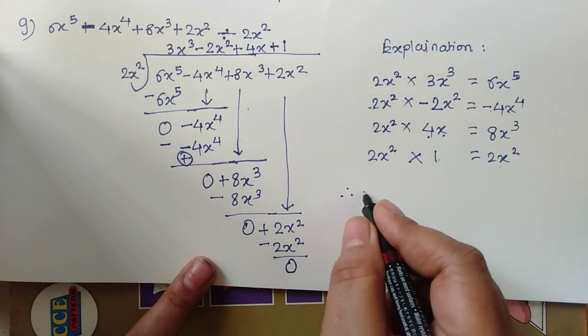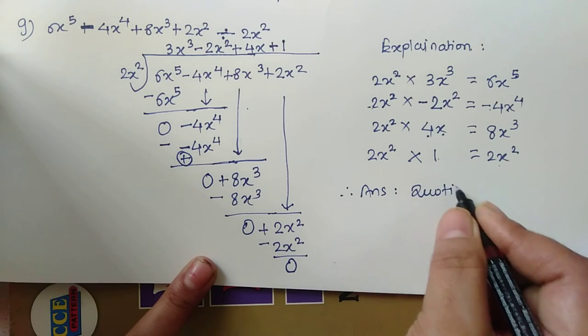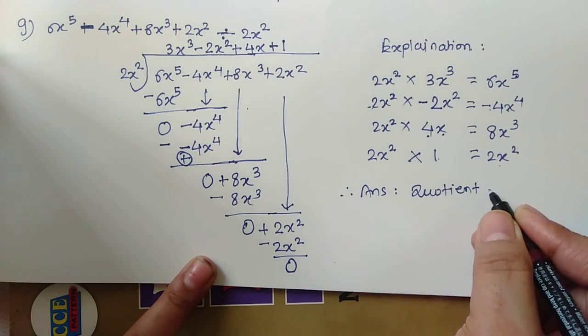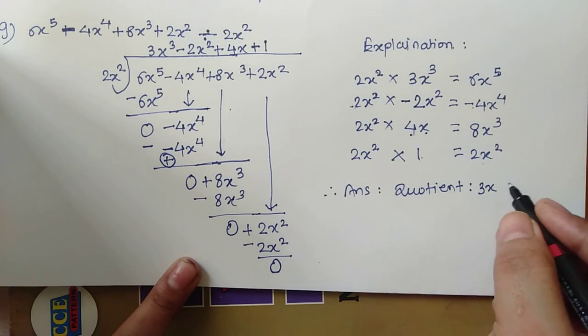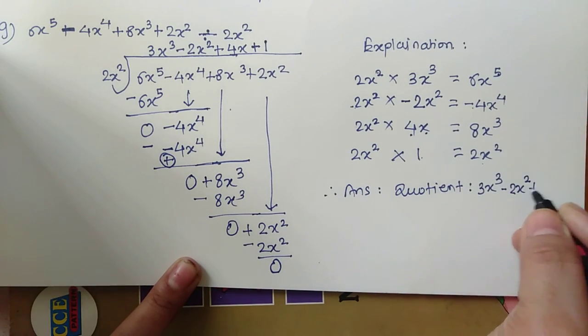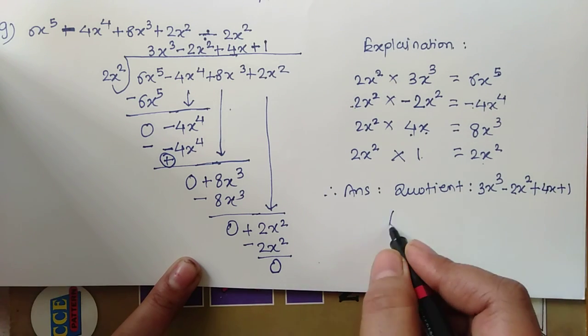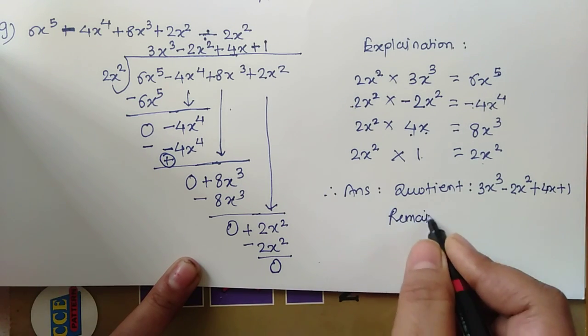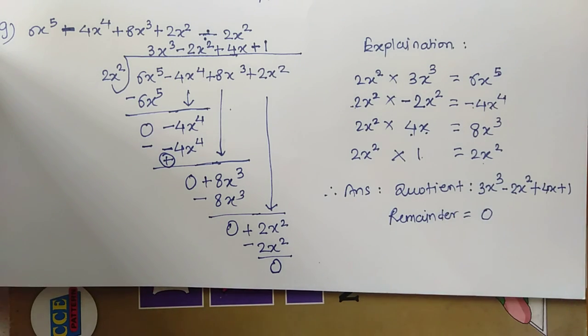So write down the answer. Therefore the answer is: quotient is thrice x cube minus twice x square plus 4x plus 1 and the remainder is equal to 0.